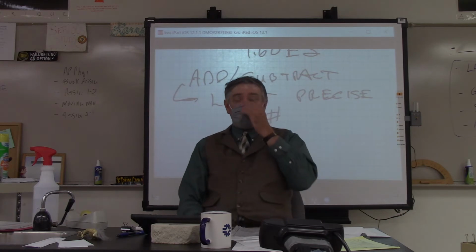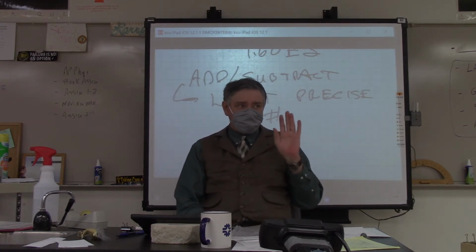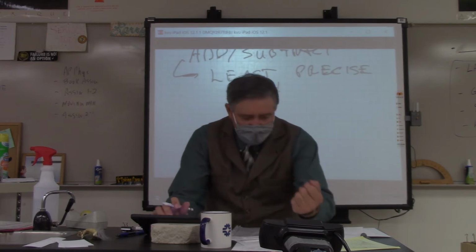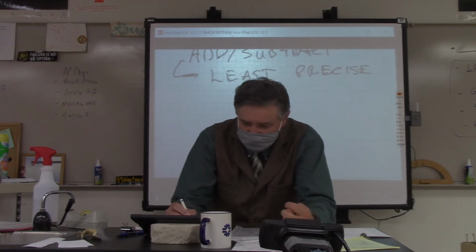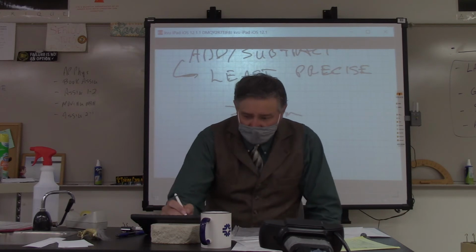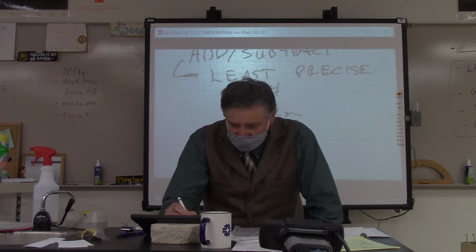Okay, this isn't about the number of significant digits, it's the least precise. So let me give you a simple example. So let's say that Sproles is going to add, his measurement is 7.52 meters, okay? Aiden's is 12.0 meters.